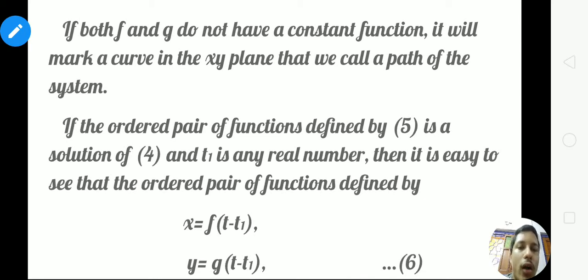If both f and g are not constant functions, it will mark a curve in the xy plane, which we indicate as a path of the system.